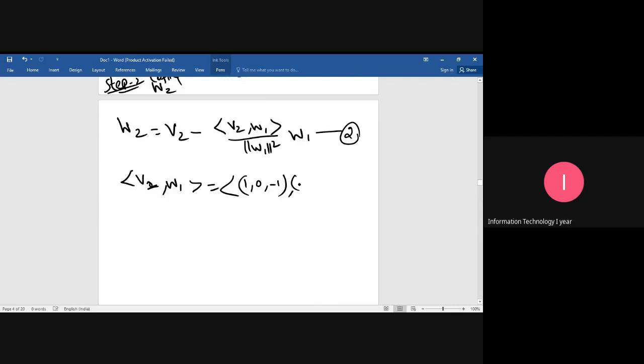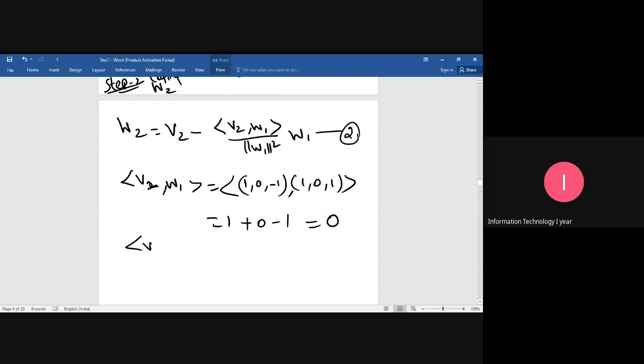Multiplying: 1 into 1 is 1, plus 0 into 0 is 0, plus minus 1 into 1 is minus 1.